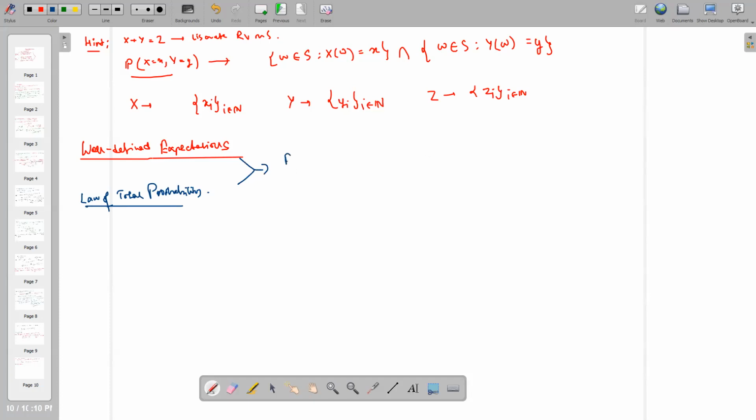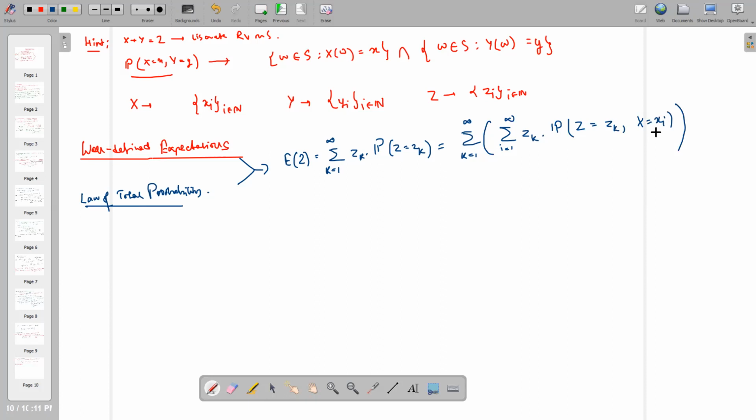You can write expectation of Z equals... right.